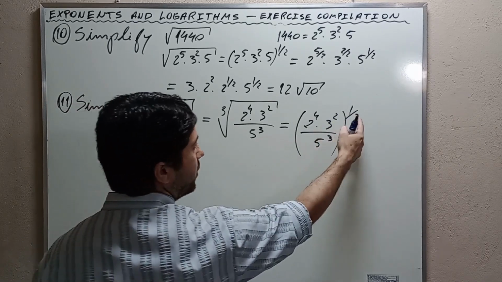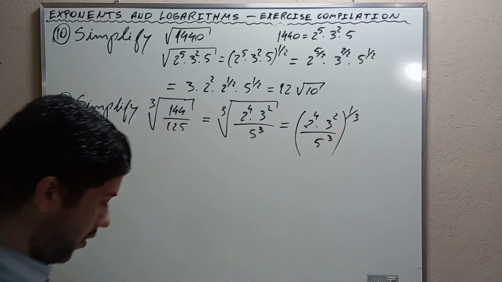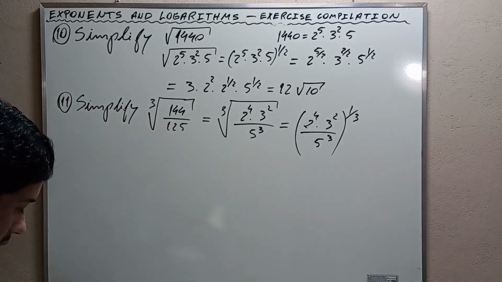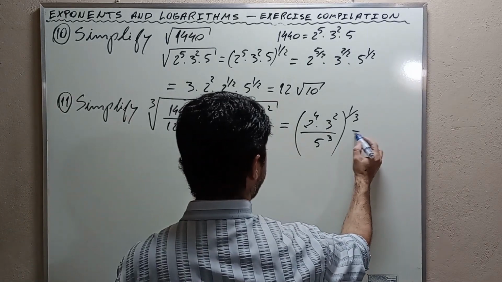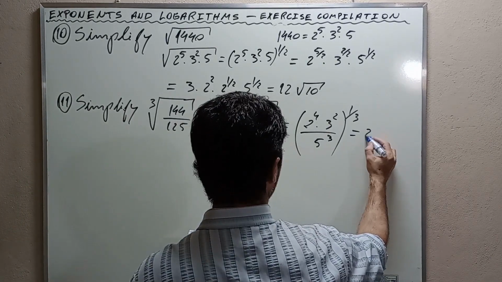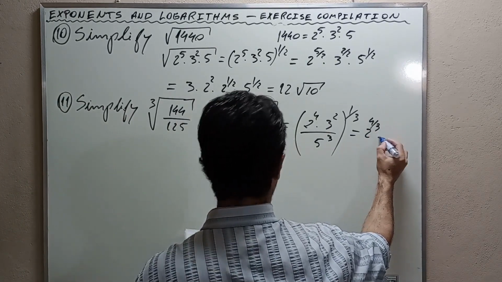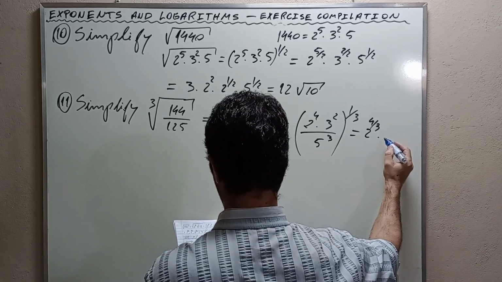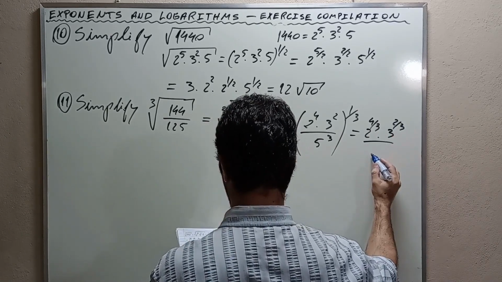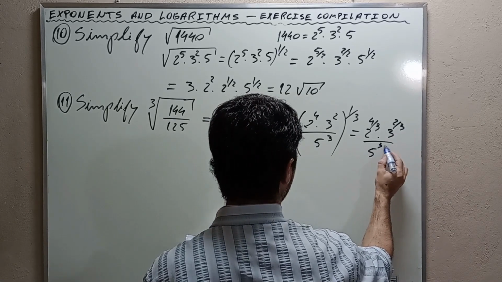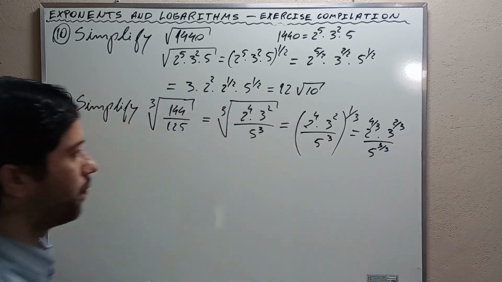And this by this becomes 3 thirds. And in this way, we find this: 2 to the 4 thirds times 3 to the 2 thirds divided by 5 to the 3 thirds.